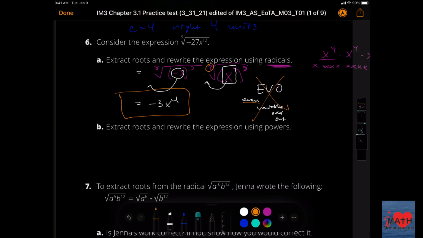Now, it's asking us to do the same problem, extract roots, rewrite the expression using powers. So essentially what that is, if you do what we did in the last problem, or in the very beginning, let's just do it, so let's rewrite it.